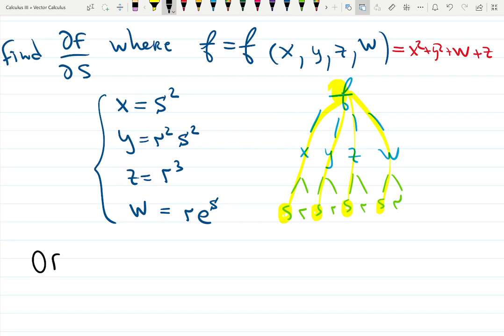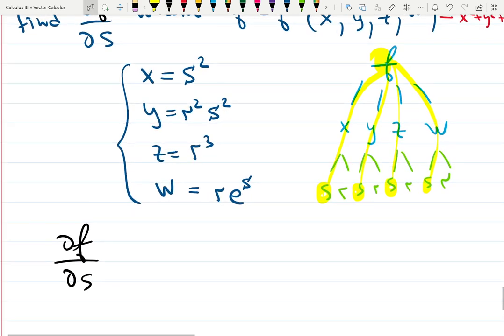Partial derivative of f, let's keep it small f, with respect to s has 4 different choices.